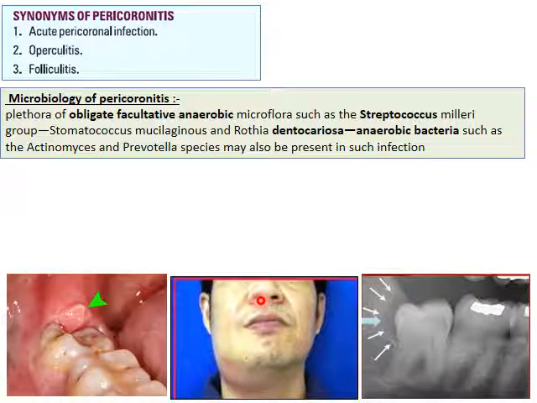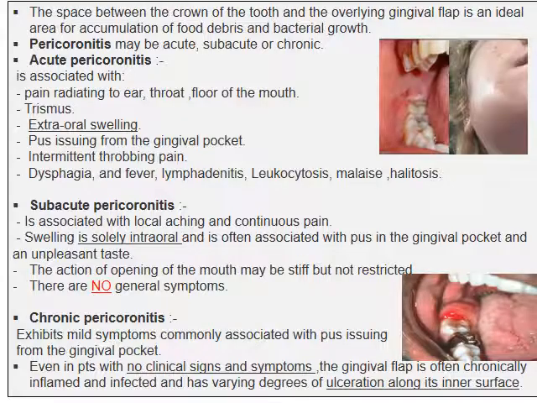Microbiology of pericoronitis. What are the microorganisms responsible for such infection? They found that it is a multi-type of microorganisms, and mostly it is normal oral flora, such as Streptococcus milleri or obligate and facultative anaerobic microorganisms. What conditions assist the infection between the soft tissue and the bone?